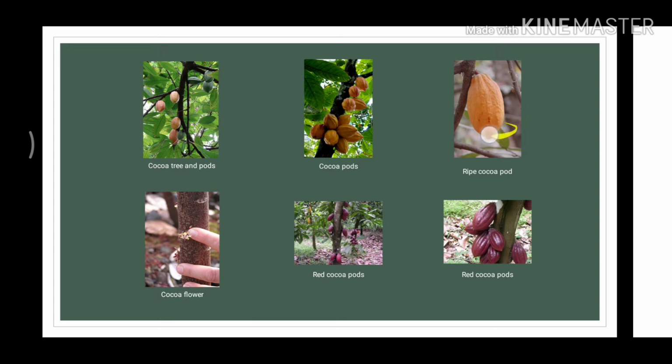The third one is a ripe cocoa pod. The fourth one is an example of a cocoa flower. The fifth and sixth are the red cocoa pods, and the sixth is a close-up picture of the red cocoa pods.